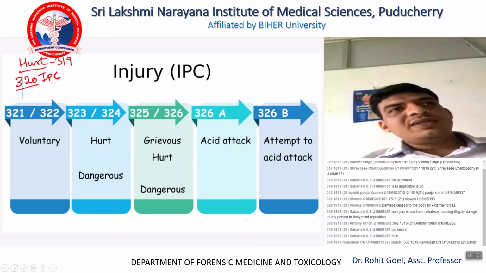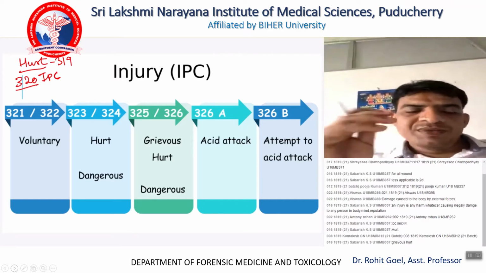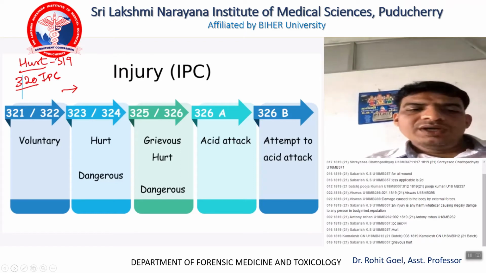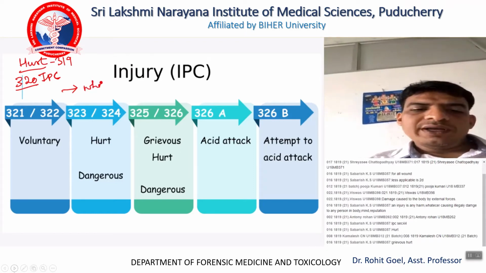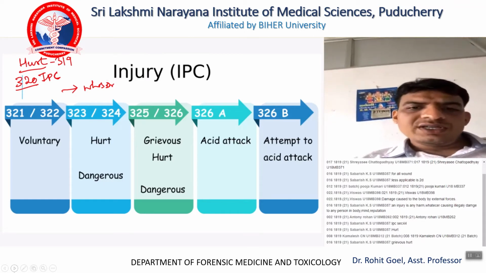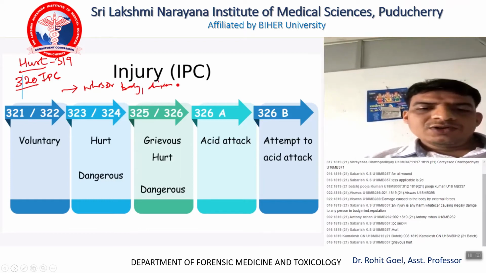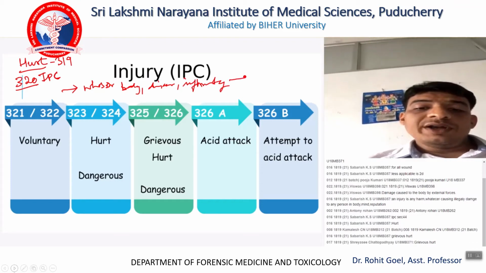So there are circumstances. Shreyasi Chattopadhyay, grievous hurt. Yes, yes. Hurt means, from a legal point, it is defined in a manner that whosoever causes bodily pain, disease, or injury to another person is said to have caused hurt to another person.